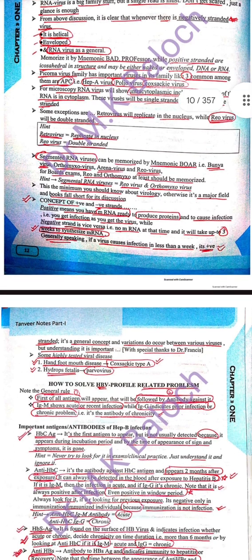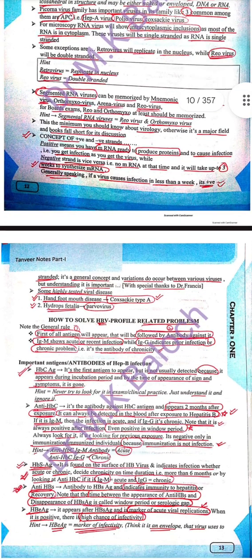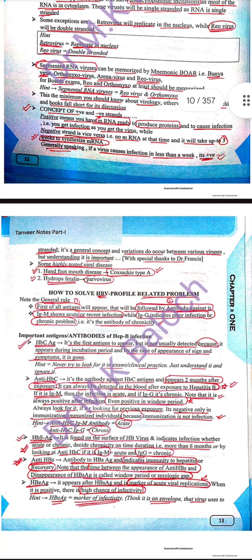So how to solve hepatitis B viral profile related problems? Now the general rule. First of all, antigen will appear, that will be followed by antibody against it. So IgM shows acute or recent infection, while IgG indicates prior infection or chronic problem. That is, it's an antibody of chronicity.